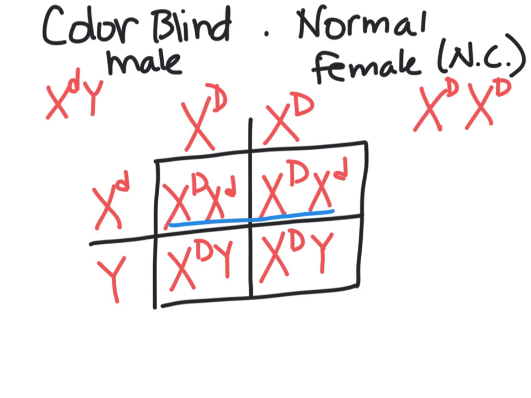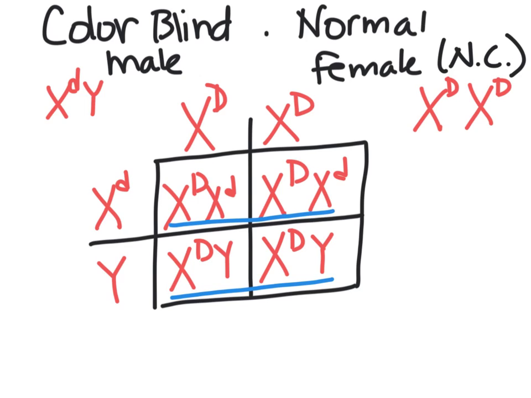So the females will be normal, but they will be carriers of the disorder, which in this case is colorblindness. So we have two females, potential offspring, normal female carriers of colorblindness. And looking at the males, we see that both of those will have the regular normal trait.